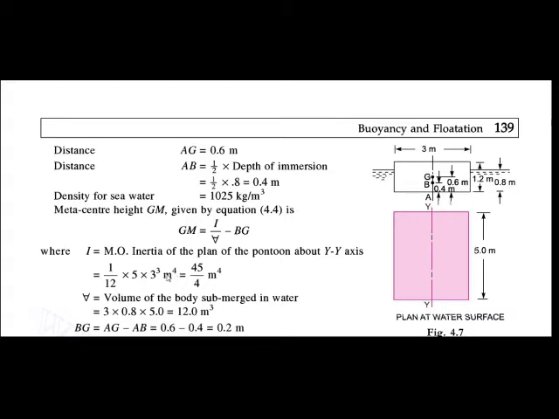So it is equal to 1 upon 12 into b is 5, d is 3 cube, meter raised to 4, which is 45 by 4 meter raised to 4. We get the value of I as 45 by 4 meter raised to 4.